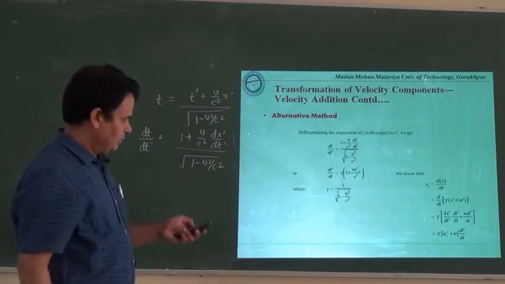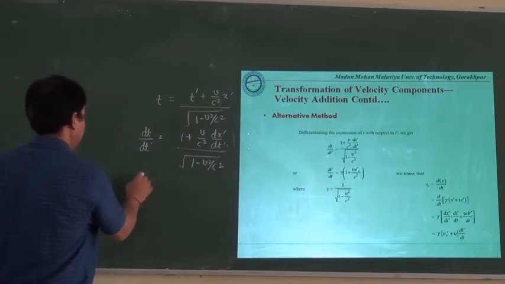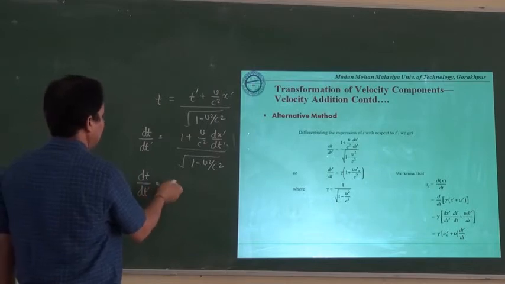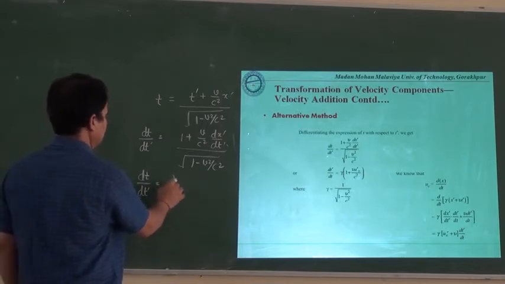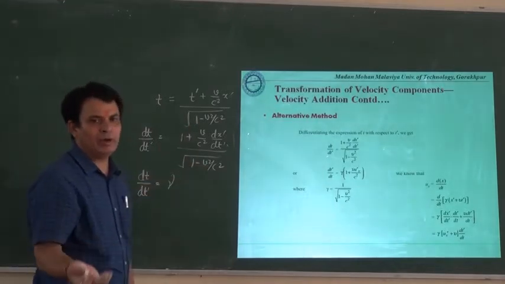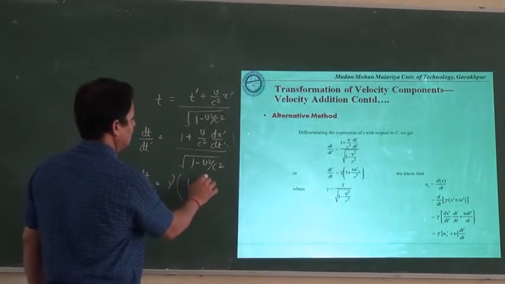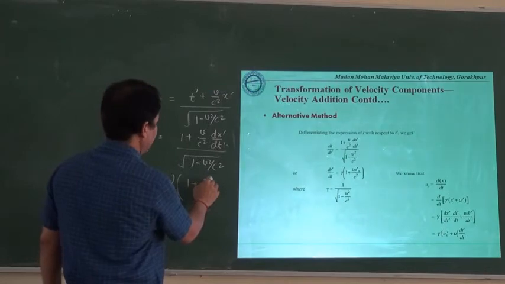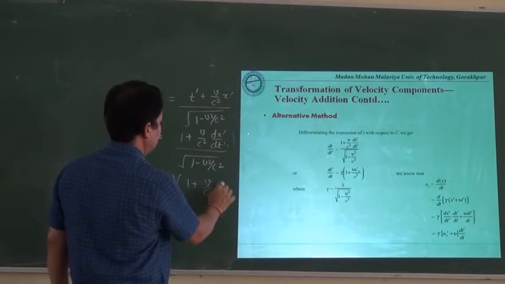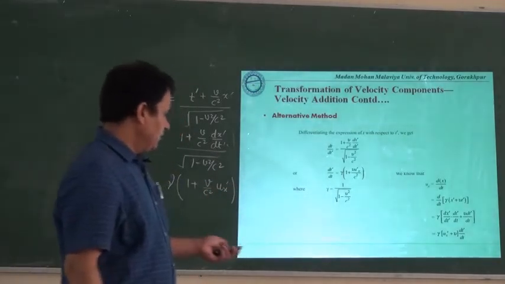Here we may have gamma or k, whatever constant you take. If we take gamma, it will have the same value, that is 1 upon under root 1 minus v square upon c square. So this is gamma times 1 plus v upon c square ux dash, and gamma has been defined also here.